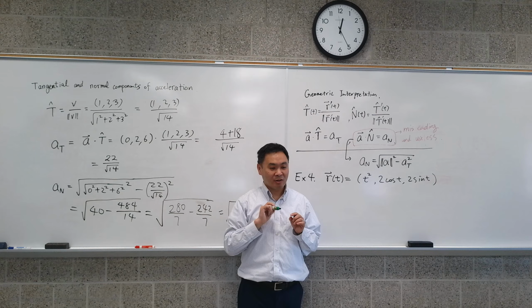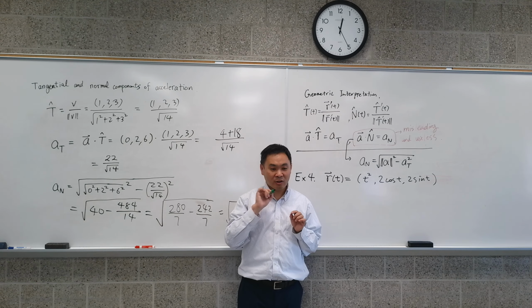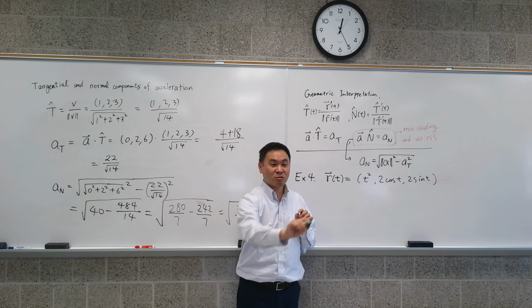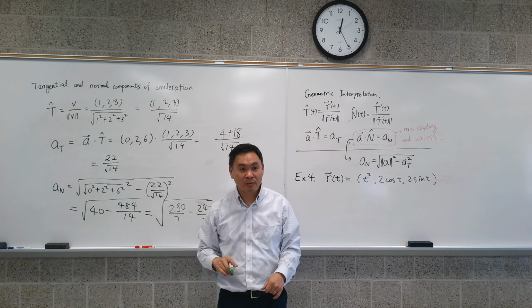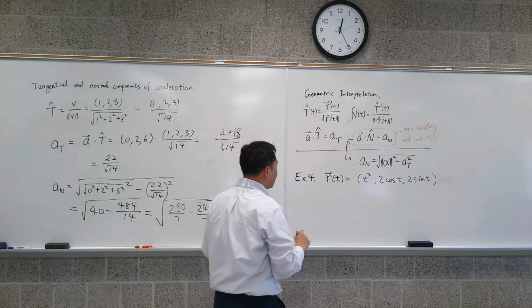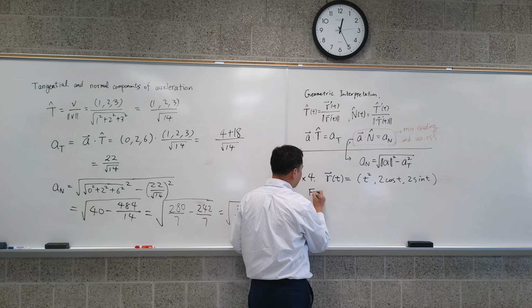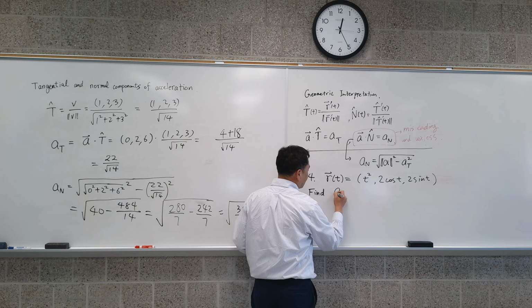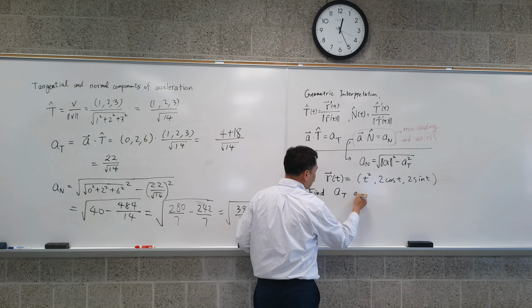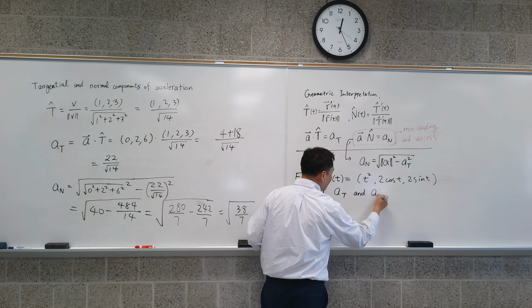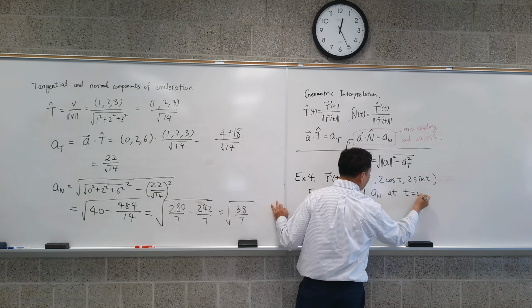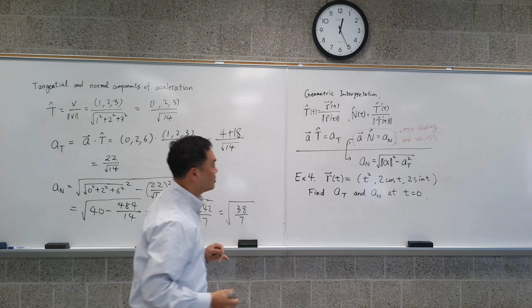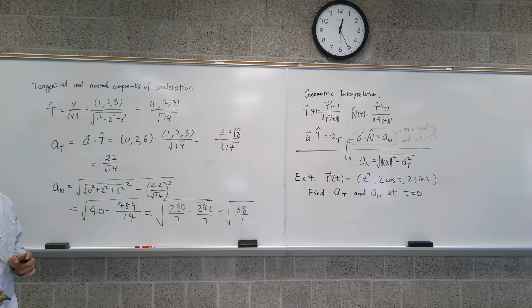It's like a spring that's wound tightly, but then the spring gets elongated this way. For this one, the question is: find the tangential component and the normal component of acceleration at t equals 0. Try that.